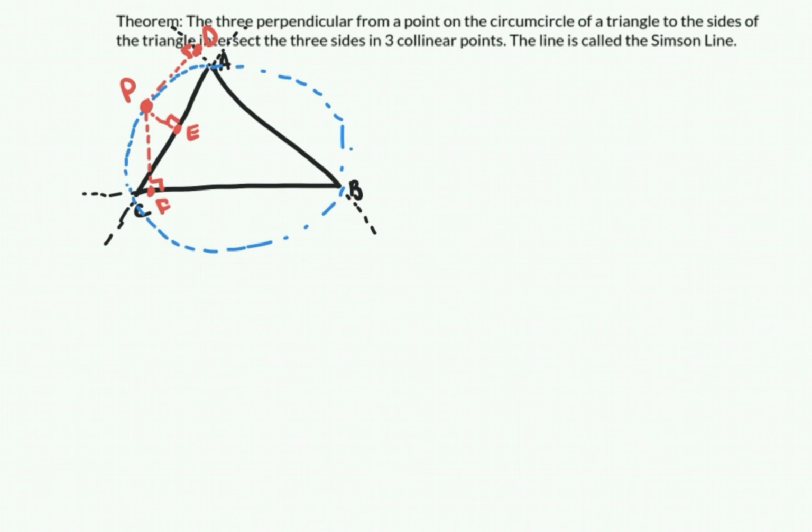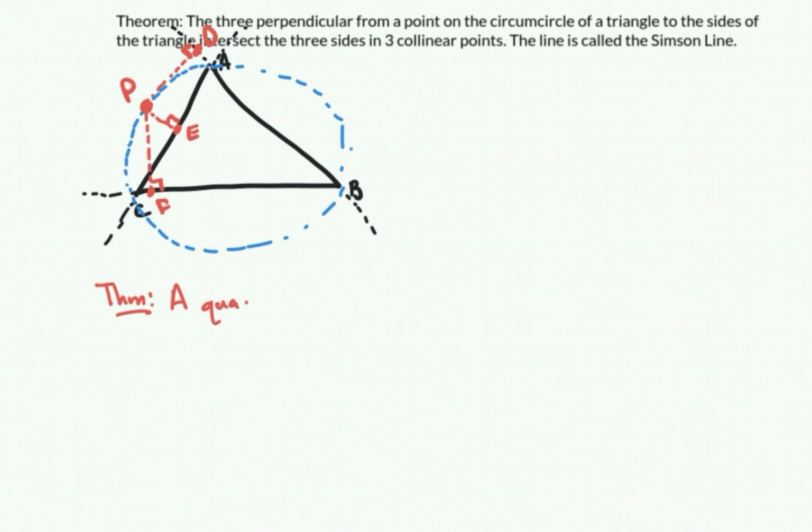So in order to prove this, we actually need kind of one lemma, one theorem that we haven't yet proven. And that has to do with cyclic quadrilaterals. Okay, so that's a quadrilateral that can be inscribed in a circle. So this is a common theorem in Euclidean geometry, and I'm just going to talk through it really quickly.